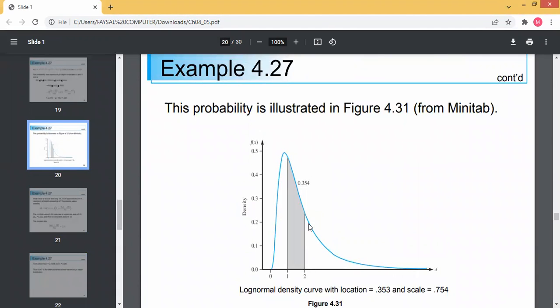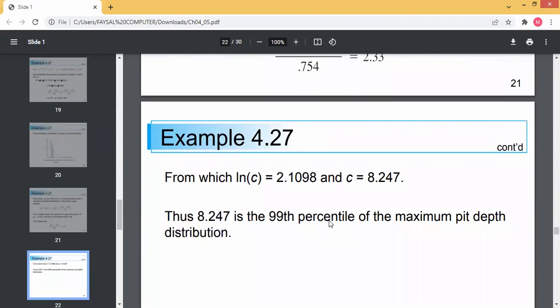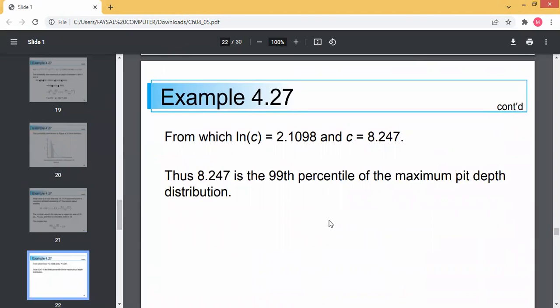So we can find that the lognormal density curve has two basic parameters: the first is 0.353 and the second is 0.754. From this, log C equals 2.1098, and this means the C value will be 8.247.